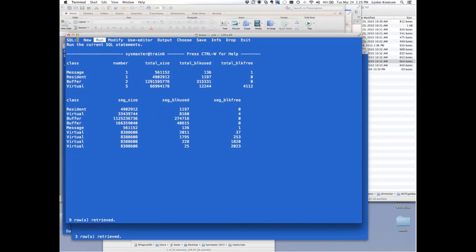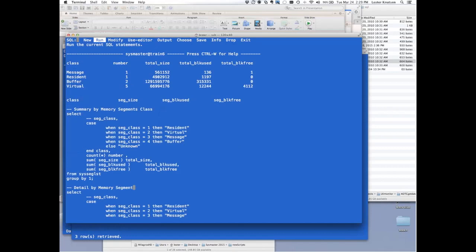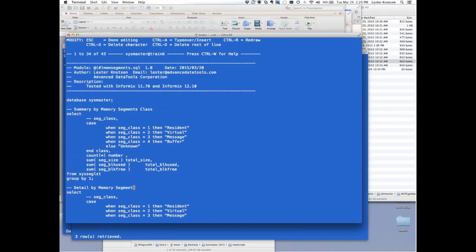Key thing I want to point out, and this is a good example: I have a case statement here. I guessed at this. There's no documentation telling me what this is, but I'm pretty sure it's right. The seg class 1 is the resident, seg class 2 is virtual, seg class 3 is message, and seg class 4 is buffer.